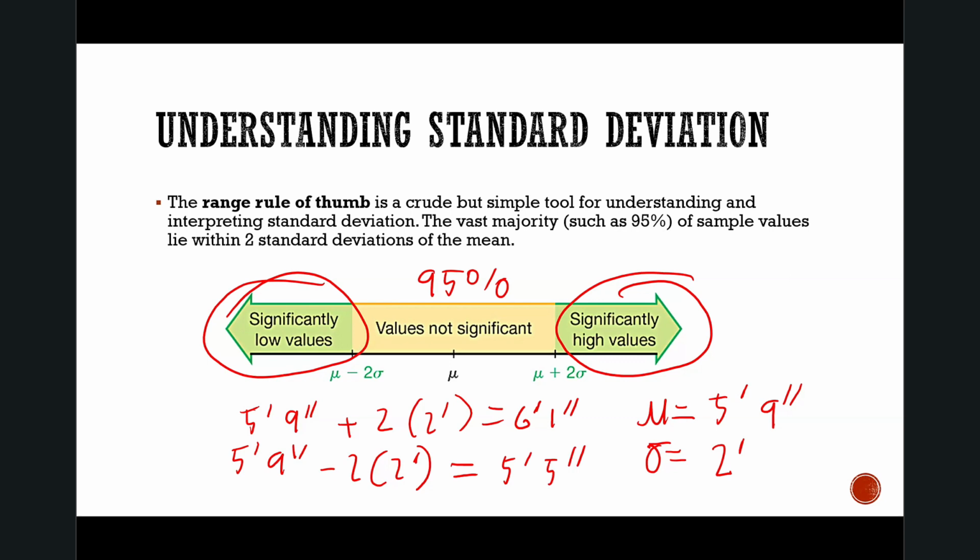Based on the range rule of thumb, 95% of men would be between the heights of 5'5" and 6'1". That seems roughly accurate to me.